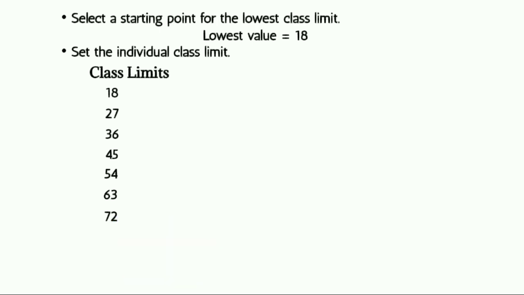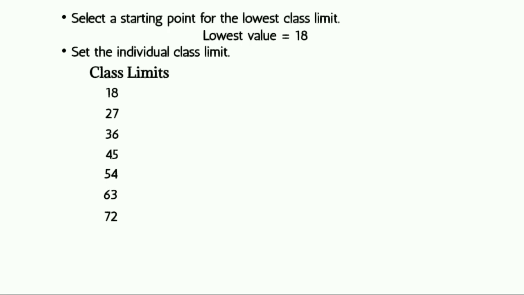Take note na wala na tayong eighth row kasi kung magdadagdag pa tayo ng 9 sa 72, lagpas na siya sa highest value na 77. 72 plus 9, that is equal to 81. And 81 is higher than the highest value na 77 sa dataset.